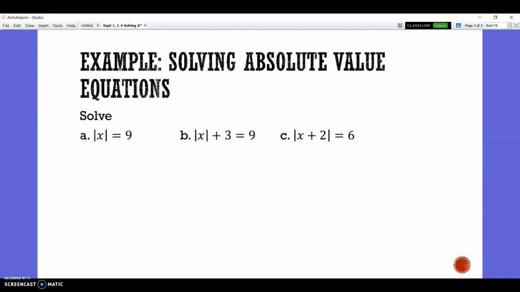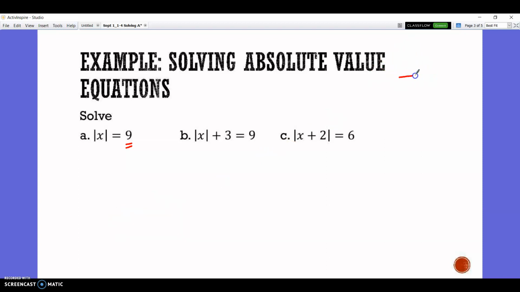Okay, so our next examples here are actually solving for the absolute value. Now, from the video before, when we are solving, we know that there are 2 different cases, 2 different numbers that have an absolute value of 9.